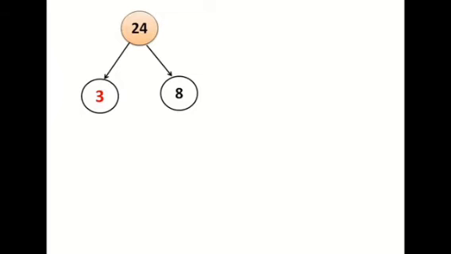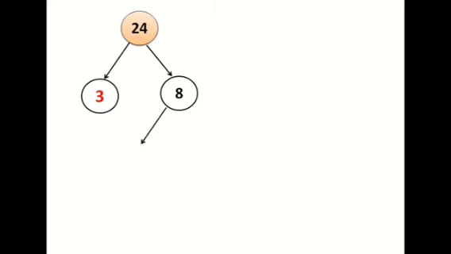You can see here 3 is a prime number. As 8 is a composite number, we can split it. Can you tell me how we will break down 8 into a pair of factors? We can do it as 2 fours are 8. So another branch will come from 8.